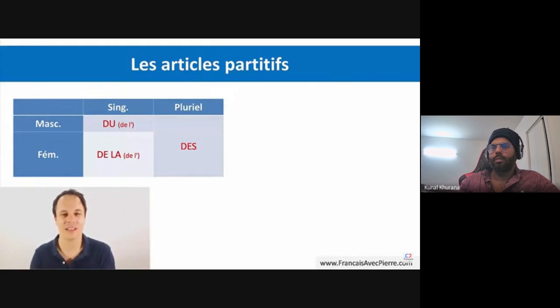Alors ensuite, le féminin singulier, c'est de la, ok? Donc attention à la prononciation surtout de la partie de, ok? Je te rappelle que tous ces petits mots grammaticaux qui n'ont qu'une syllabe et qui terminent avec la lettre E, dans tous ces petits mots, on doit prononcer la lettre E, ok?